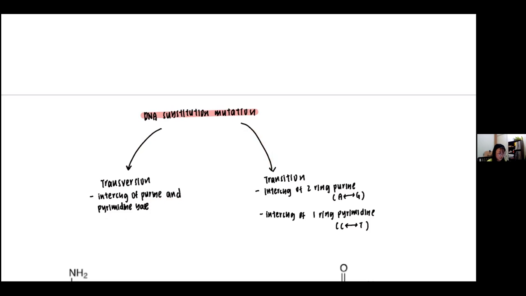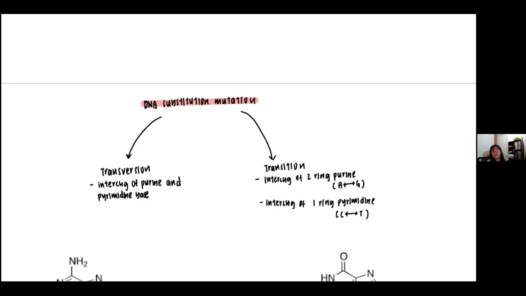And transition is the interchange of the two-ring purines, or the interchange of the one-ring pyrimidines. So it is the interchange of the same type of nitrogenous base.